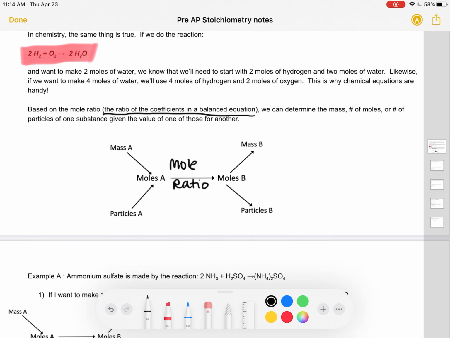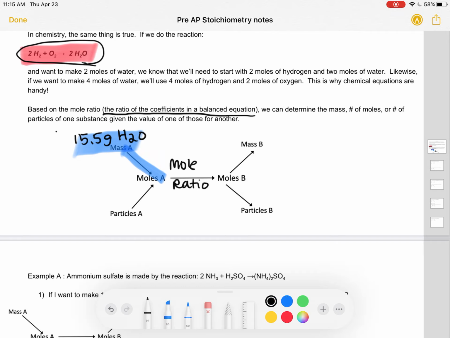All right, so let's say I have 5 moles of substance A and I want to know how many moles of substance B. Well, I'm just going to use my mole ratio to get me there. Now, let's say I'm given a certain mass of something. Let's say I'm making this water recipe here, and I want to make 15.5 grams of H2O. Well, I can go from grams of water, mass of water, to moles of water. We learned about that when we learned about moles.